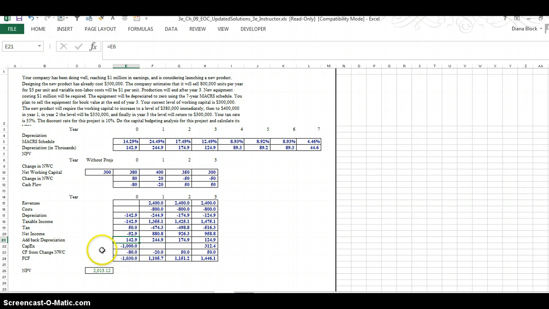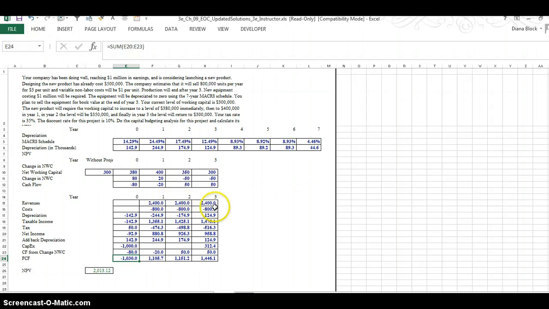Then you're going to add the depreciation back on, and then subtract whatever your capital expenditures are. That's the cost of the equipment. Then you'll subtract the change in cash flow from the net working capital, and you'll end up with your free cash flow for year 0.